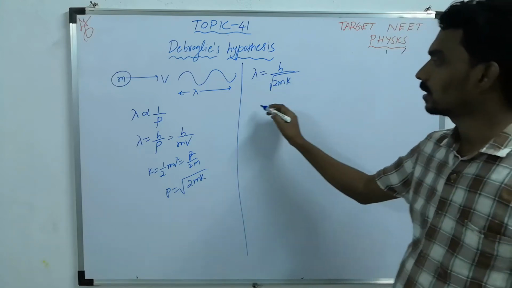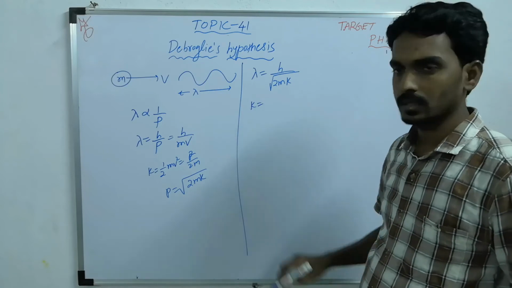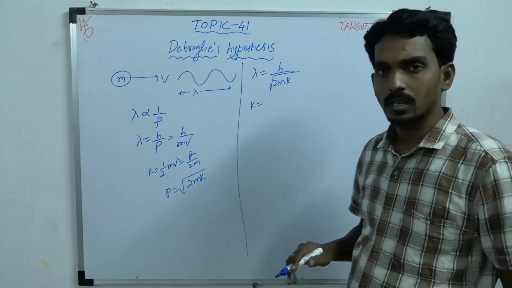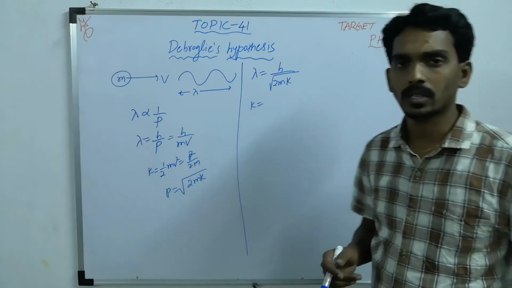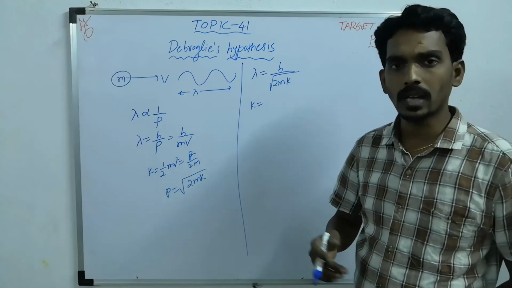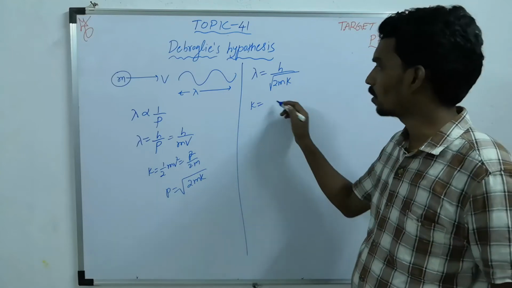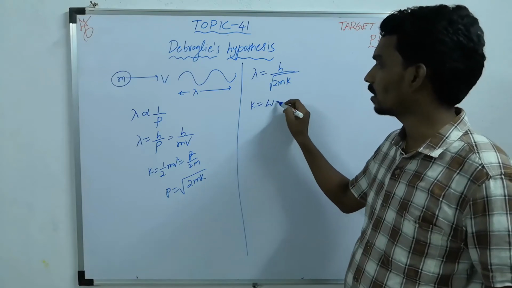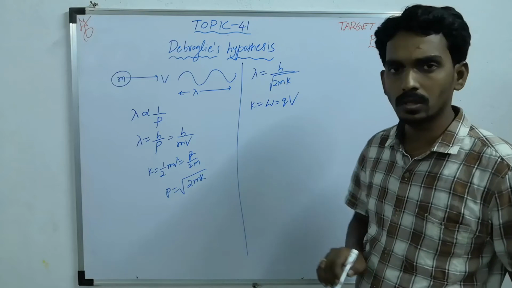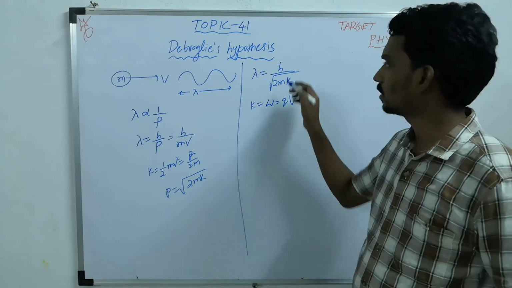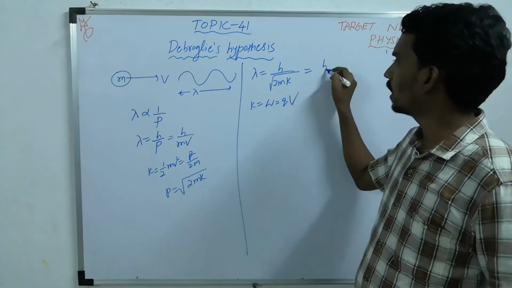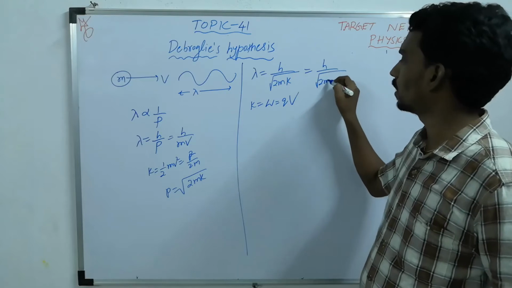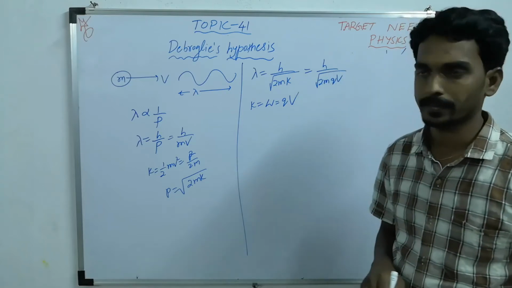Or for a charge accelerated through some potential difference, the kinetic energy is the work done, equal to charge times potential difference. So here lambda is h by under root 2m qV.